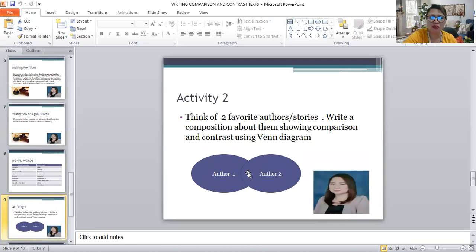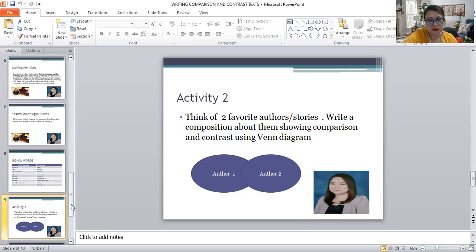Or if you do not have authors, you may also compare two stories. How are they similar and how are they different, also using the Venn diagram. Collate all your ideas by writing all of them in the Venn diagram.